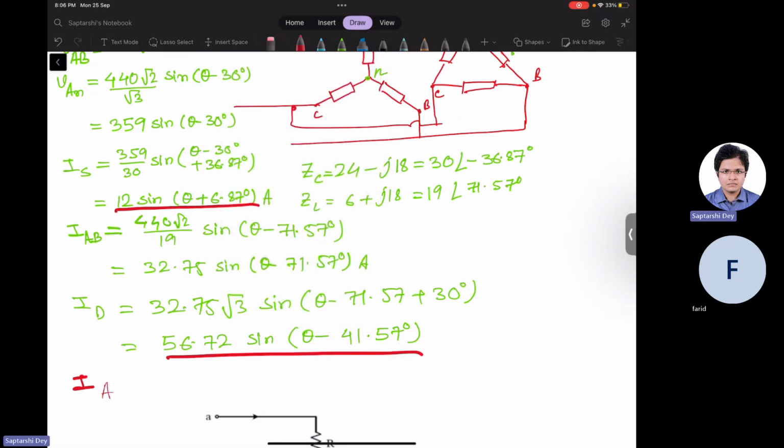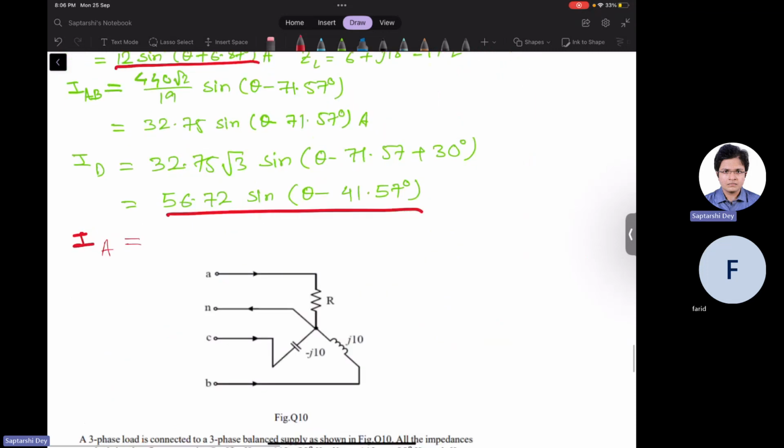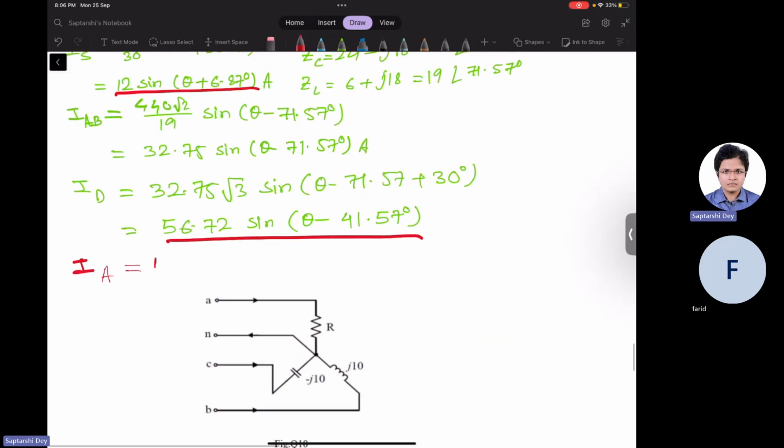So IA line becomes equal to 12 angle 6.87 plus 56.72 angle minus 41.57.